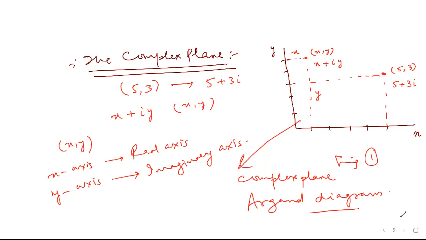Now, when a complex number is written in the form x plus iota y, we say that it is in rectangular form, because x and y are the rectangular coordinates of the point representing the number in the complex plane.